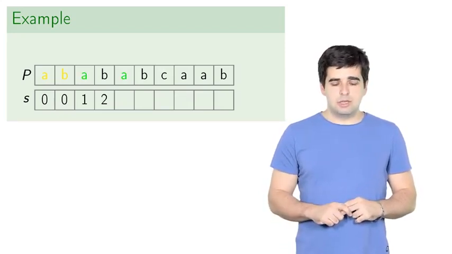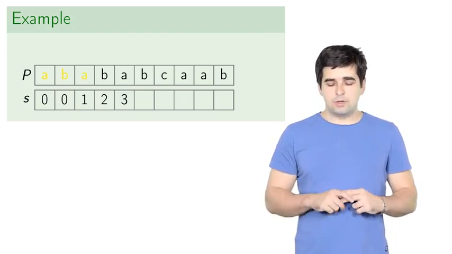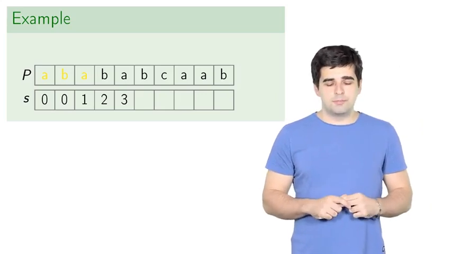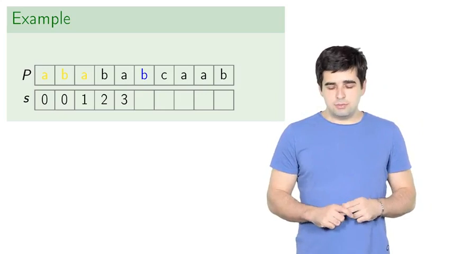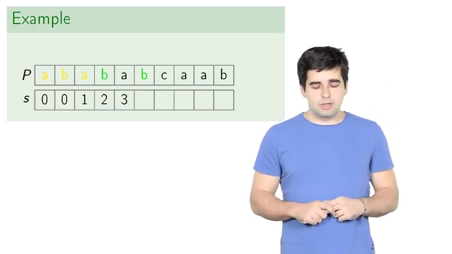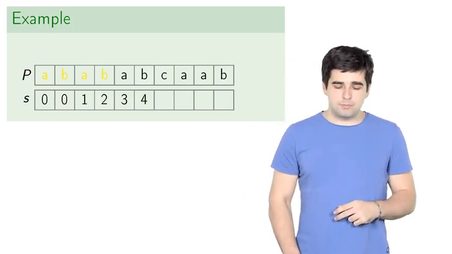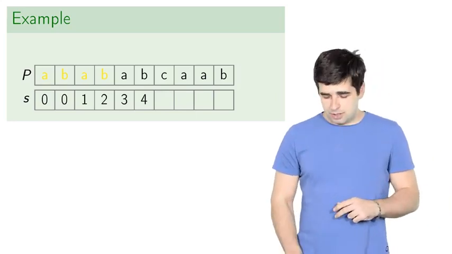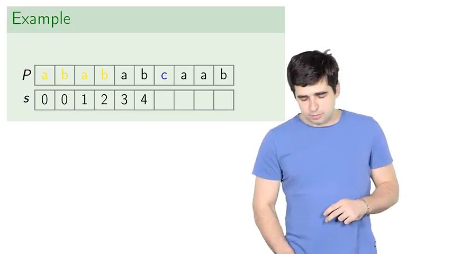And to go from any prefix to its longest border, we just need to use the prefix function, and then again the prefix function for that prefix of P, and so on. So if we know the prefix function of the pattern, we can go through all the borders of any prefix of the pattern in an efficient way, going only through the borders and not encountering any other positions in the pattern.